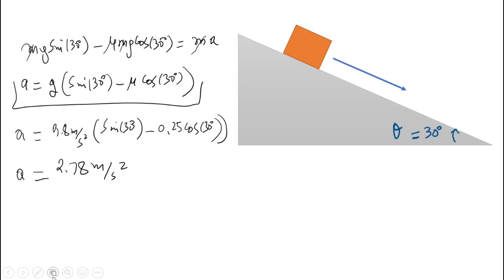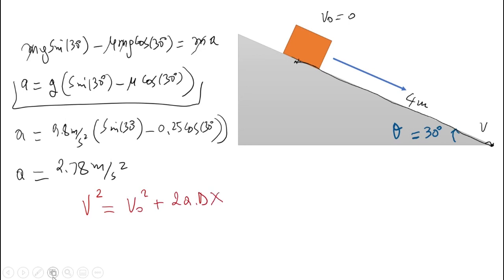Now we need to find the speed. Remember, we said the object started from rest, the initial velocity is 0, and we have this distance already. We said it will move down 4 meters. So we need to find the velocity at the bottom. We have the velocity squared equals v0 squared plus twice acceleration times delta x.